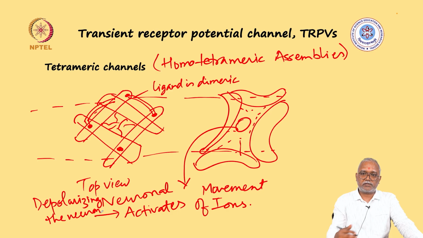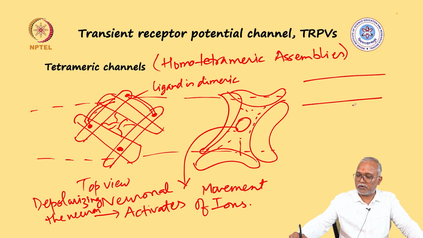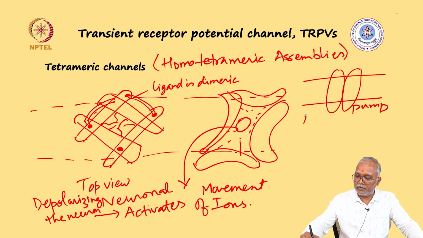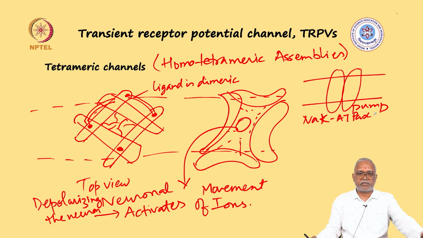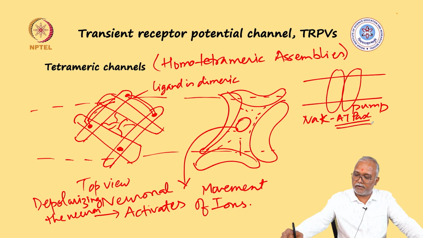Apart from multiple of these things which I spoke to you about, there are certain pumps which are also present in the membrane. We know that there is something called the sodium, potassium ATPase pump. How are these pumps different from the channels which we have been discussing? Here, the need of ATP is a must. That ATP hydrolysis drives the movement of ions, where 3 sodium are pushed out and 2 potassium are brought back.